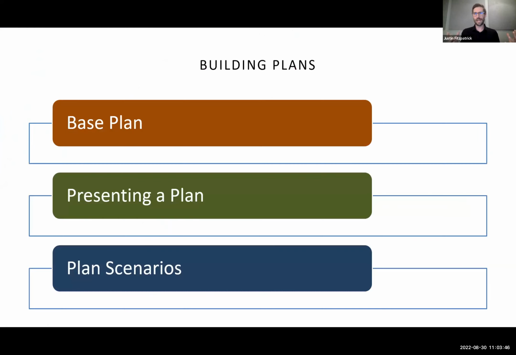We're going to start out by building a base plan. I've tried to make it relatively realistic and include some things that, although maybe you don't run into precisely these things, hopefully they're a model for other things you might want to do in your plans. Then we'll talk about presenting a plan.